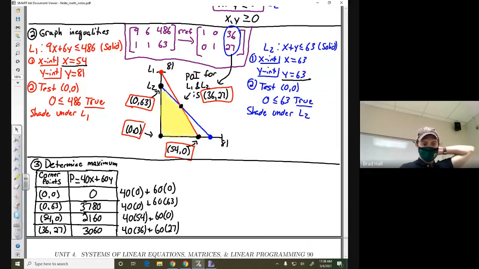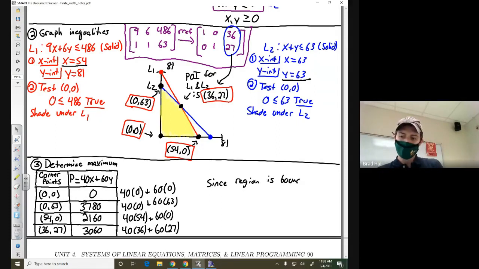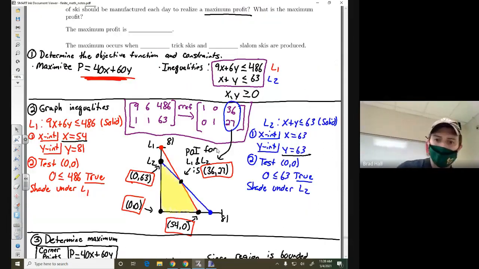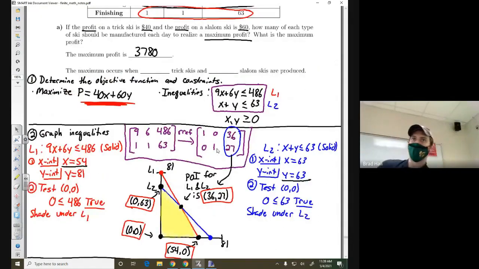And so, since the region is bounded, the maximum exists. And so we can go ahead and conclude that the maximum is in fact the largest number in our table, 3,780, which is what we wanted to answer at the very beginning, 3,780, the very top.